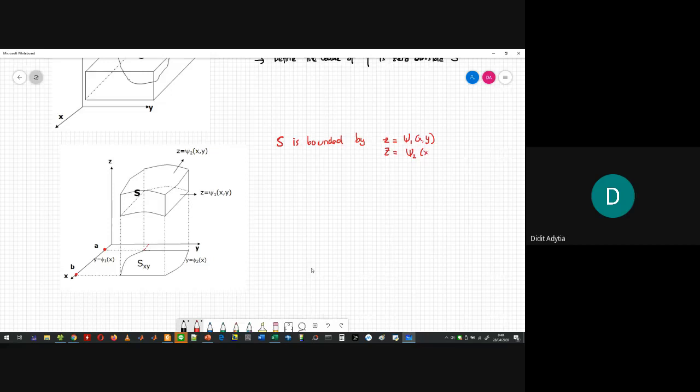Psi 2, X and Y. And then the projections of S at X or Y plane.